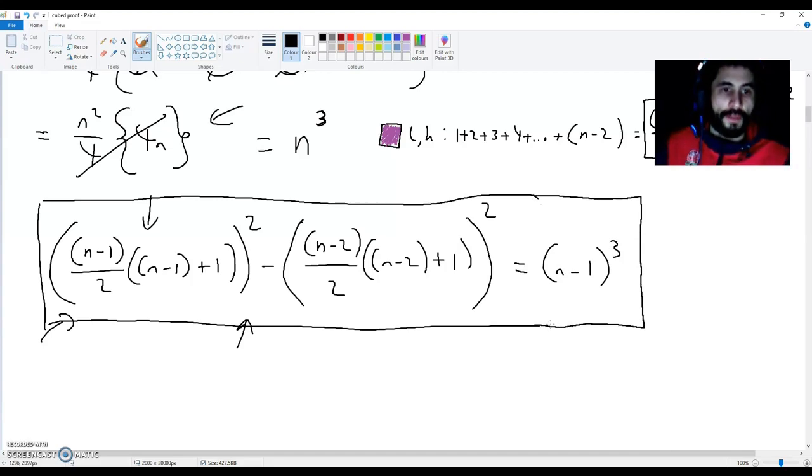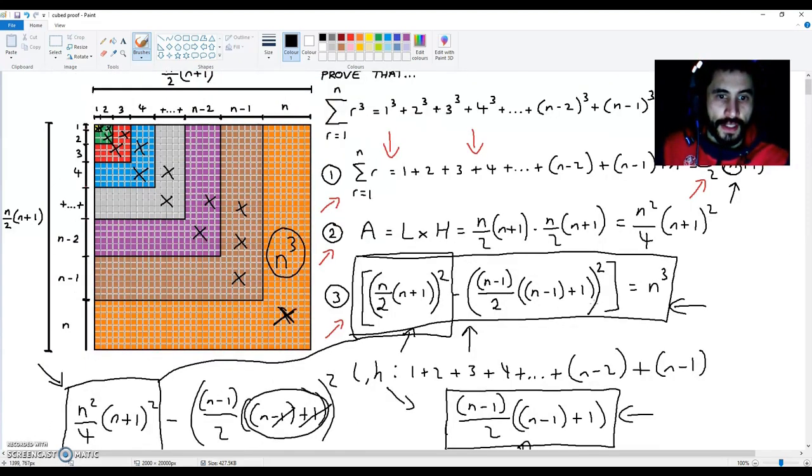Because all we do is go to this formula over here and we replace the n with n-1. And if that happens, we get (n-1) cubed, okay? So the area shaded in brown over here is (n-1) cubed.